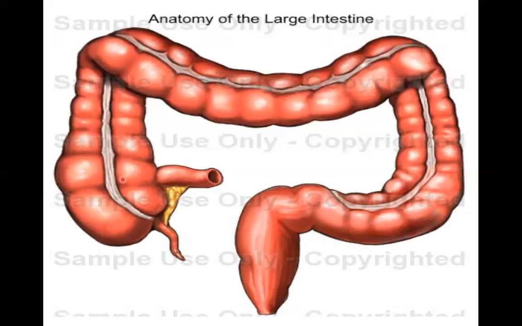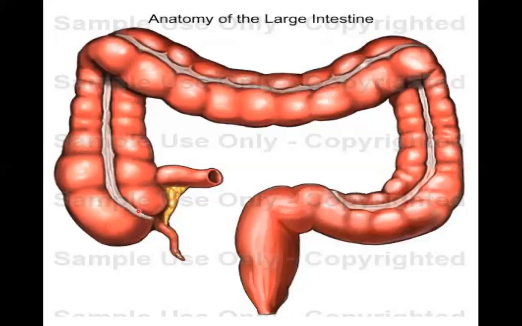The other 3 parts are mobile. One is the vermiform appendix, which is attached to the cecum, and we will discuss it further as an individual, clinically very important structure.